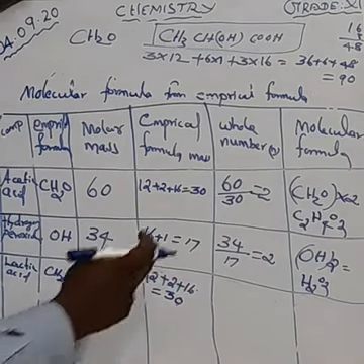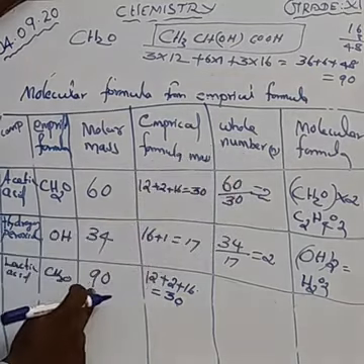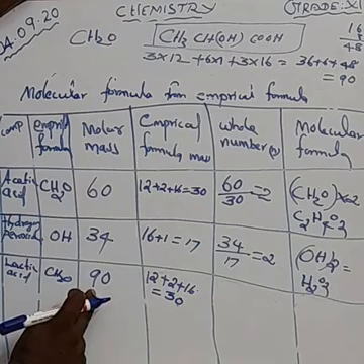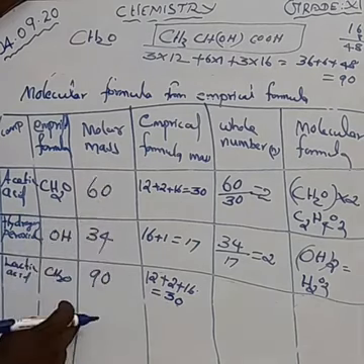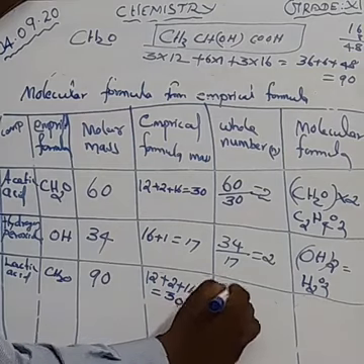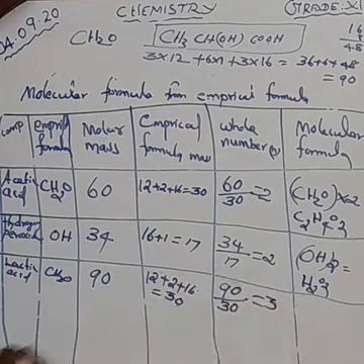Okay. Next, whole number n is equal to, how can we calculate? Molar mass divided by empirical formula mass. It is 90 divided by 30. So the answer is 3.